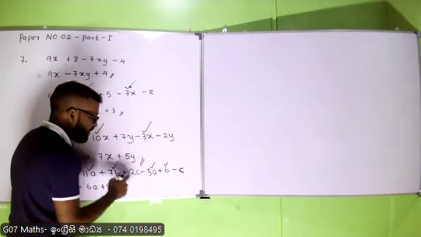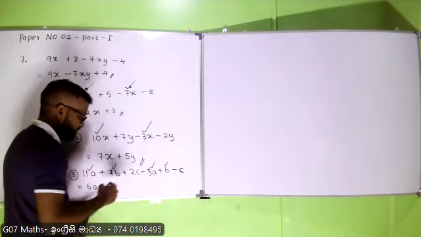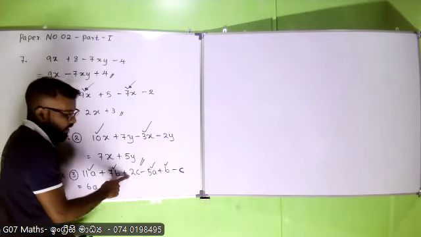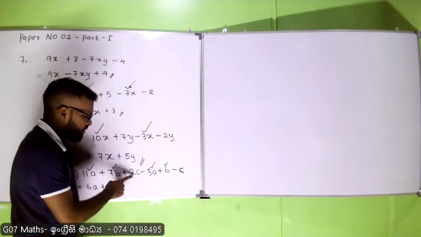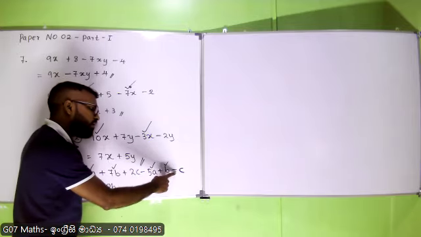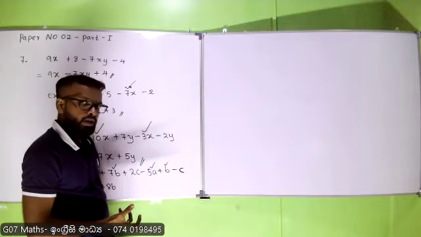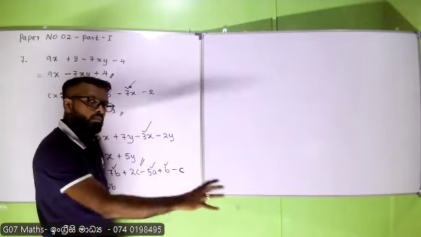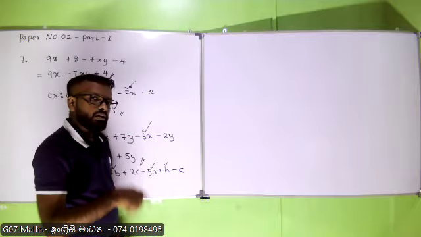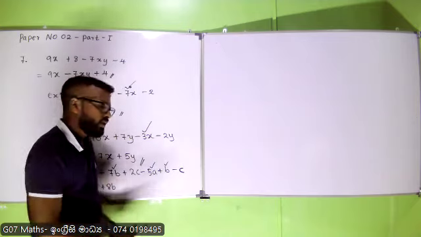Now we have this one and this one. Let's say this is a pineapple. Here we have 2 pineapples. I am going to eat 1 pineapple. How many remaining? 1 pineapple.